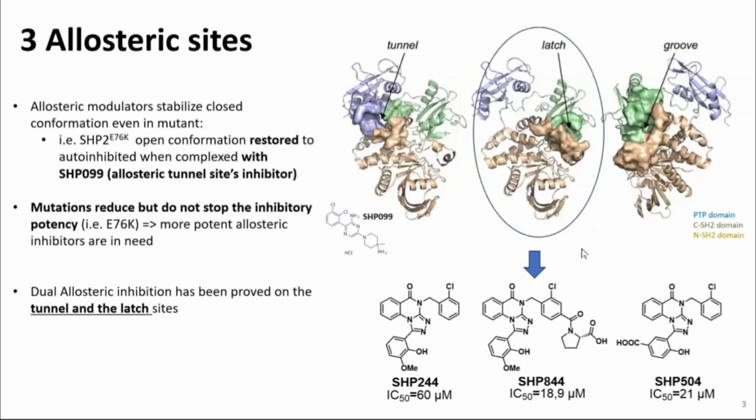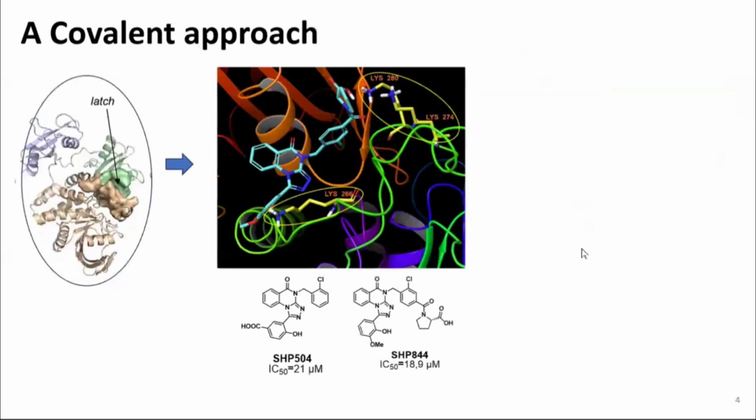So how to start a covalent campaign? Of course, we have to consider the binding site and the residues available in it in order to decide which warhead to use for targeting. In this case, the choice was quite easy because these non-covalent inhibitors are already able to engage the lysines present in this site.